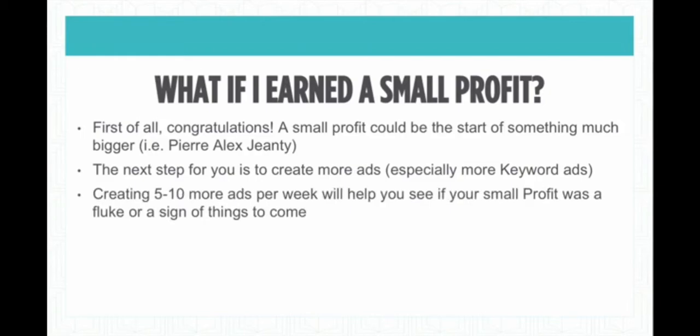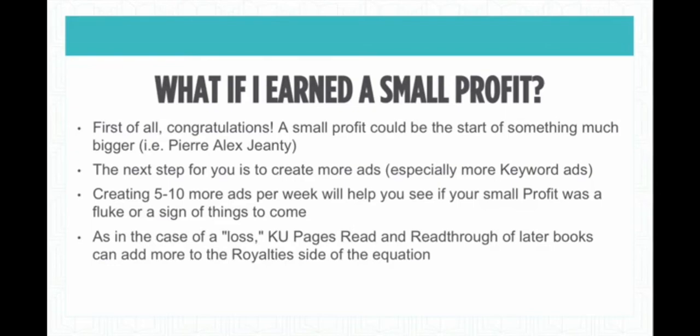Creating 5 to 10 more ads per week is going to help you see if your small profit was chance, random, or a sign of things to come. Often, I will say we need more data to really know this for sure. A lot of the time, someone shares a screenshot with me, but it's missing some of the data. I will say, I need to see more data. It's all about the data.